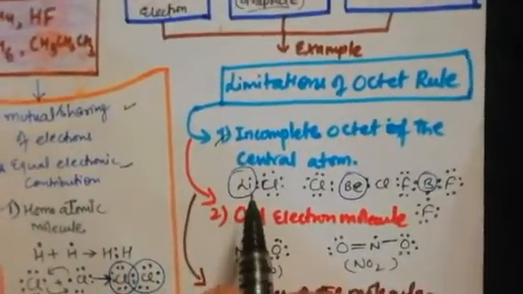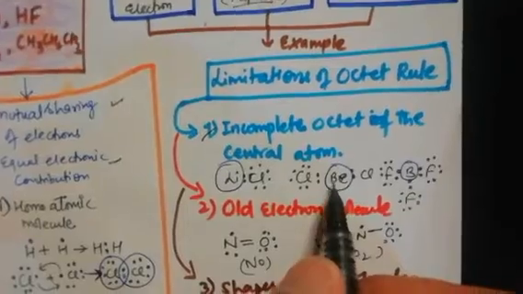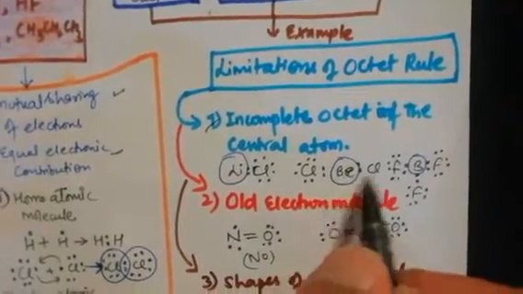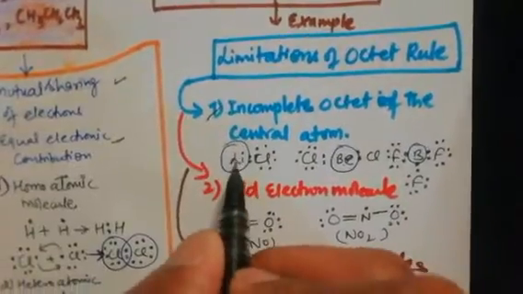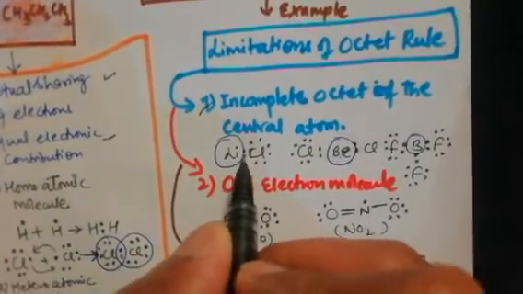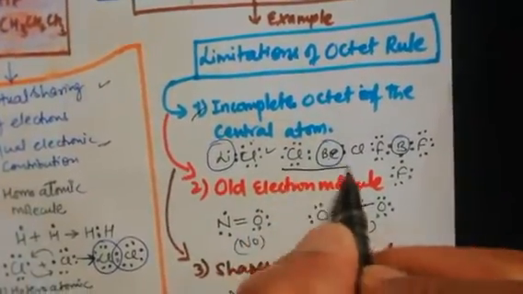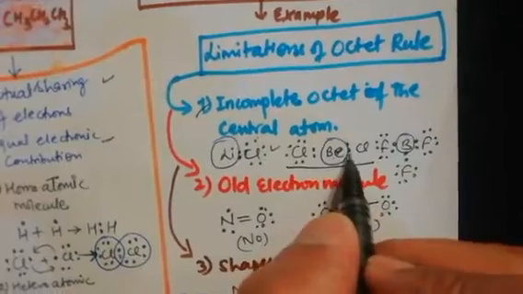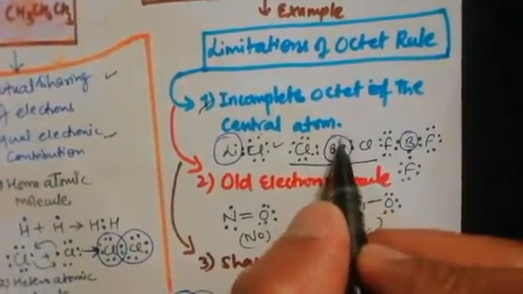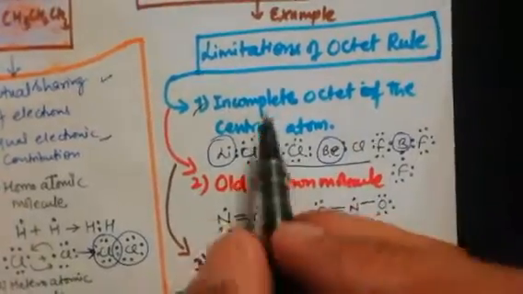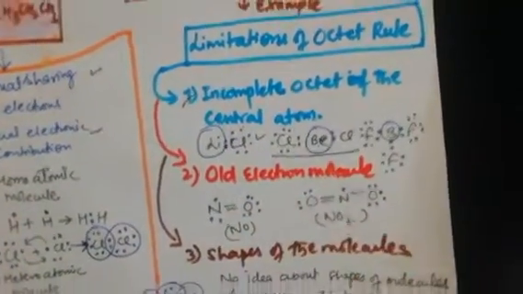But here it is found that the central element does not have 8 electrons, while the rest of the elements form 8 electrons. Suppose in the case of lithium, here lithium has 2 electrons only, whereas chlorine has 1, 2, 3, 4, 5, 6, 7, 8. Similarly, in barium chloride, barium has 2 and 2, 4 electrons only, whereas chlorine has 8. So it means the central atom was not satisfying the octet.